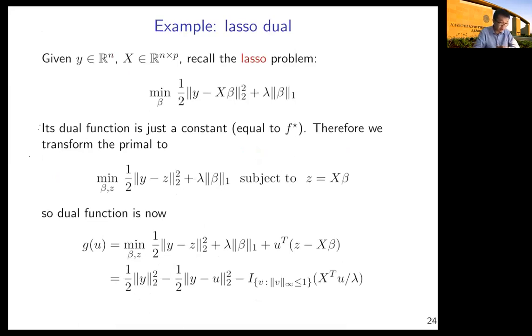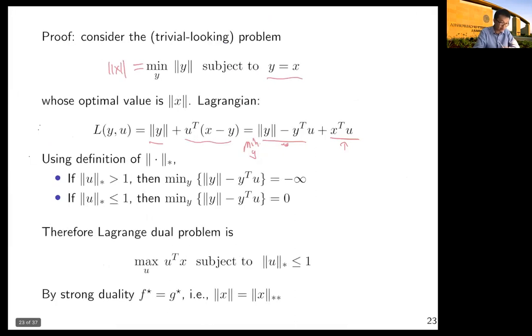Then we can shoot everything to negative infinity. On the other hand, suppose the dual norm of u is smaller than or equal to 1, then we know that the minimum of this quantity is equal to 0. Okay, so you can also see this from the Fenchel conjugate, right?